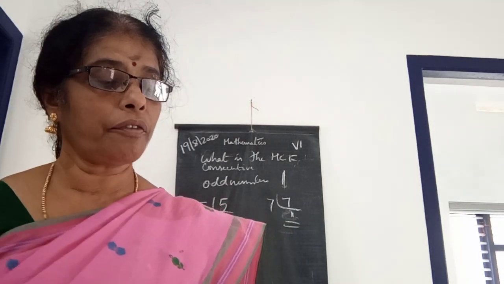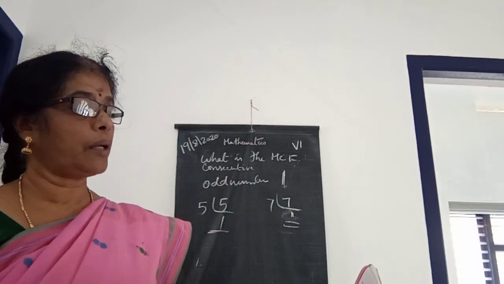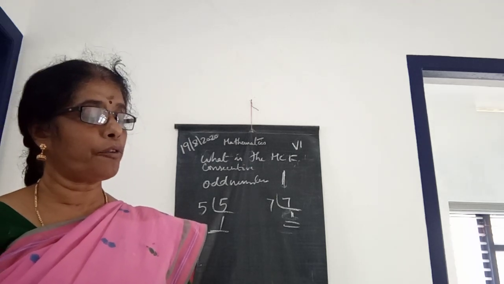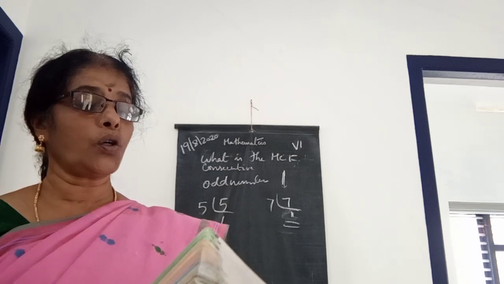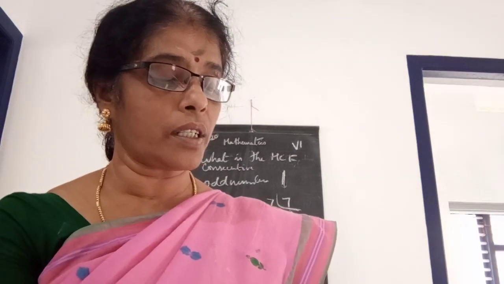Yes. HCF of prime numbers. Look here. The HCF of 4 and 15 was found as follows by factorization. 4 is 2 into 2, and 15 is 3 into 5. Then there is no common prime factor, so the HCF of 4 and 15 is 0 is the answer.